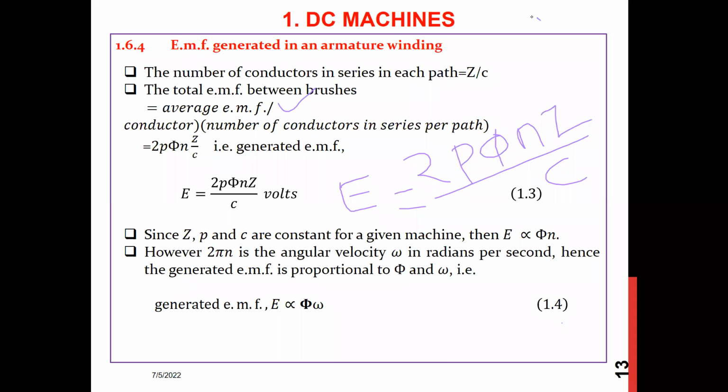Since Z, P, and C are constant for a given machine, the EMF is proportional to flux multiplied by speed.